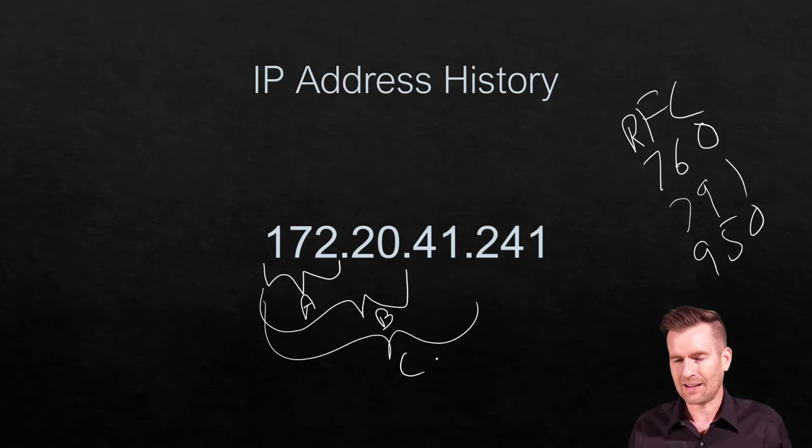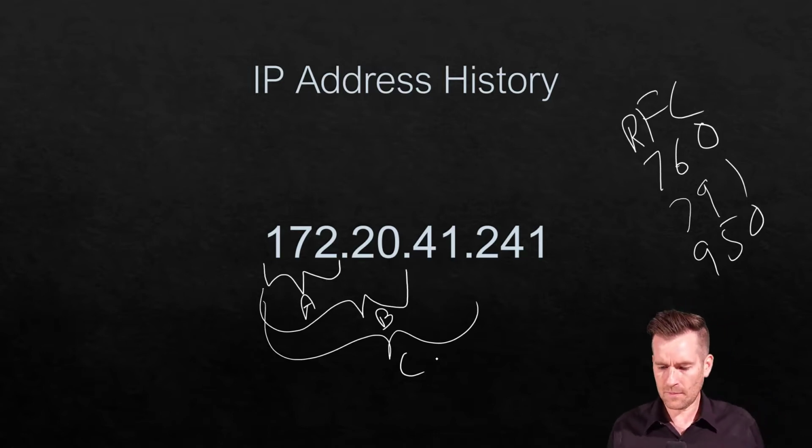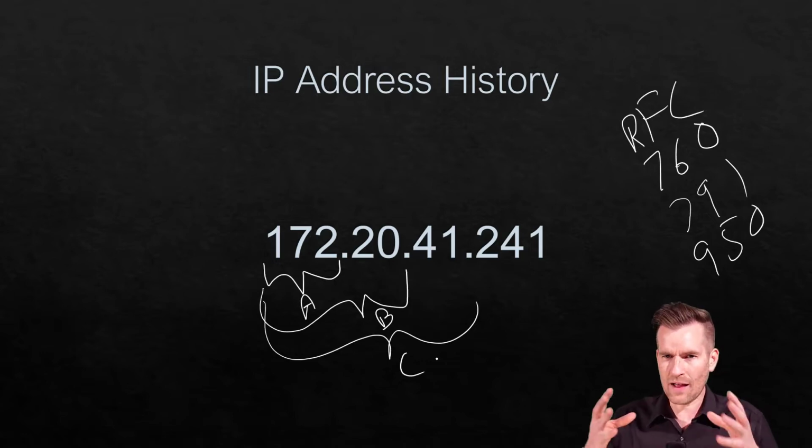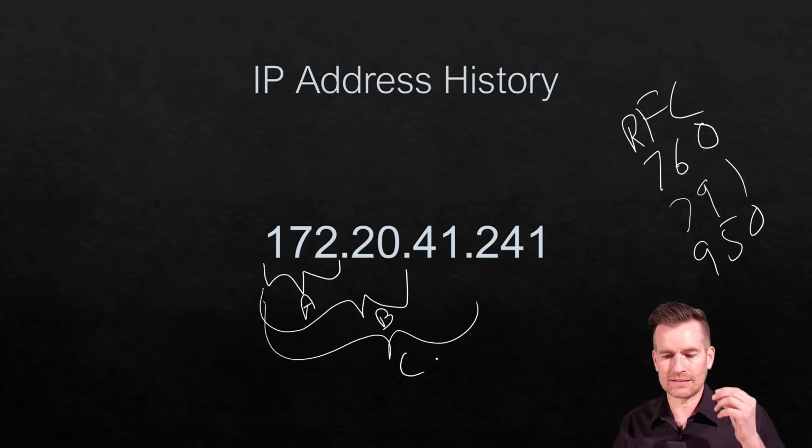Then we see a couple of other developments with RFC 1817 and 1878. Around the same time VLSM came out, CIDR notation came out, classless routing came out.